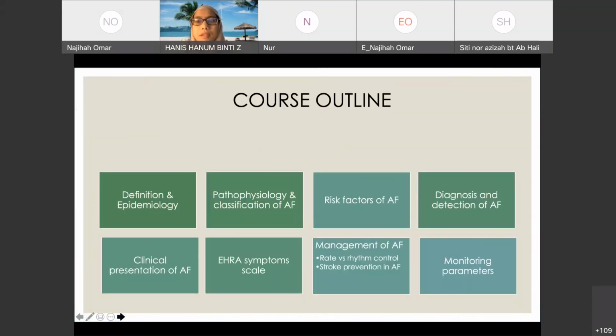So this is the course outline. At the end of this course, you should be able to know the definition, pathophysiology, risk factors, diagnosis and detection, clinical presentation of AF, EHRA symptom scale, how you want to manage AF, and some monitoring parameters.